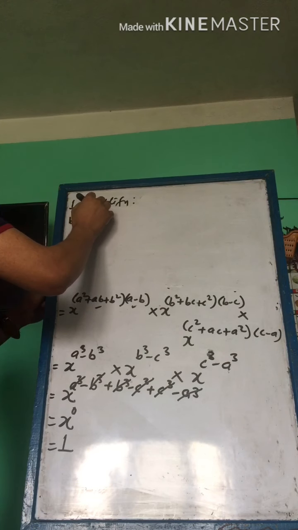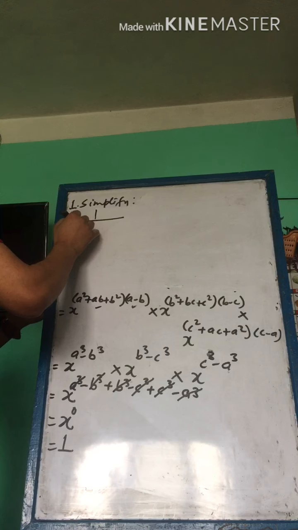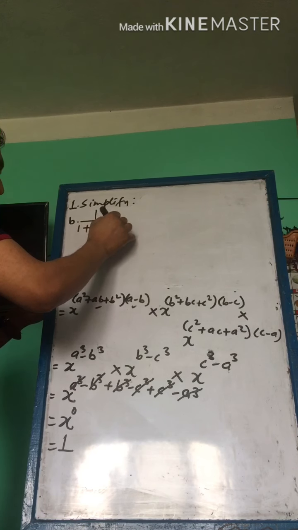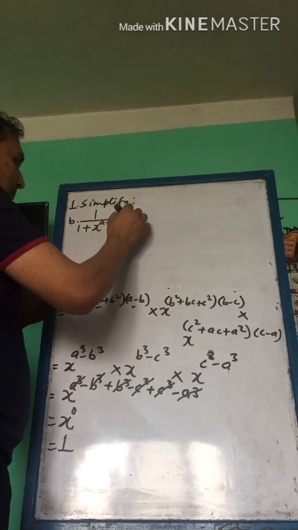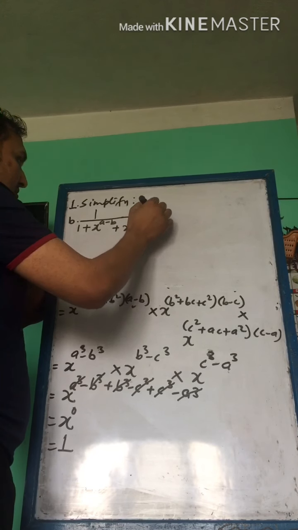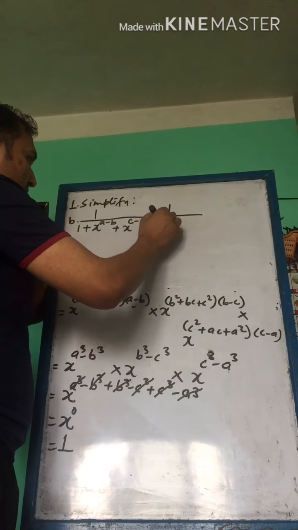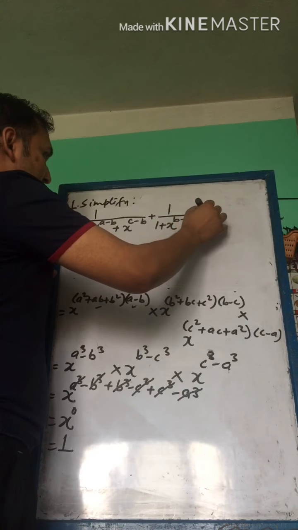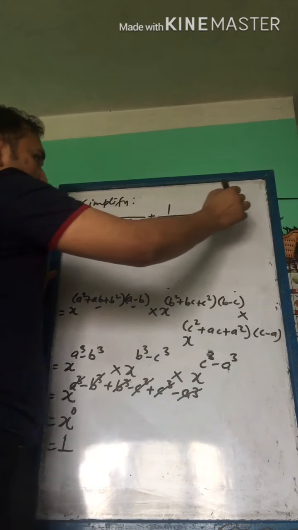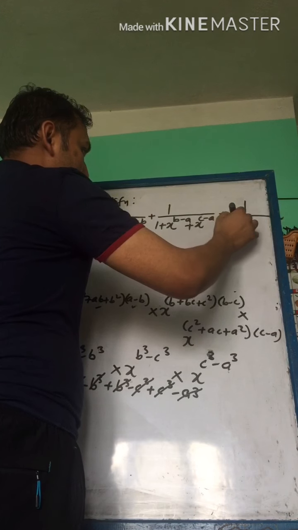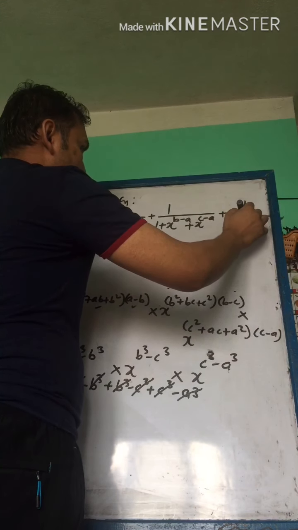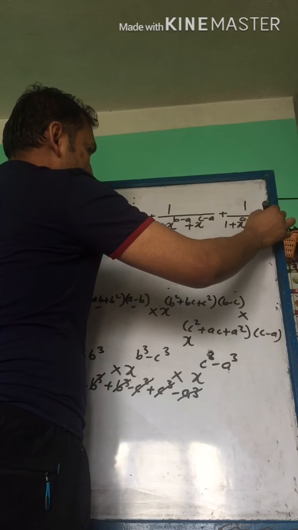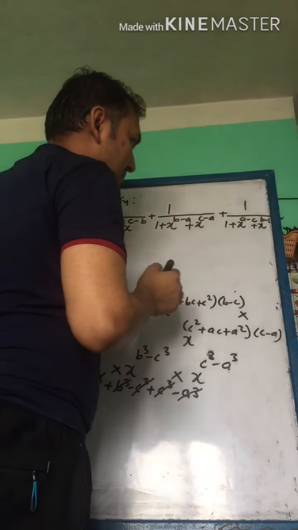Let me tell you, simplify this also: 1 upon 1 plus x to the power a minus b plus x to the power c minus b, plus 1 upon 1 plus x to the power b minus a plus x to the power c minus a, plus 1 upon 1 plus x to the power a minus c plus x to the power b minus c. Okay, this is the next type of question which has already come in the exam.